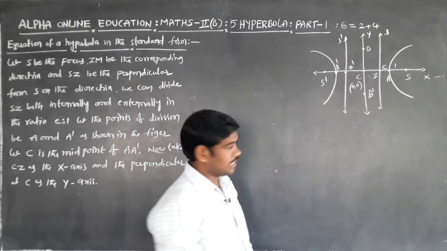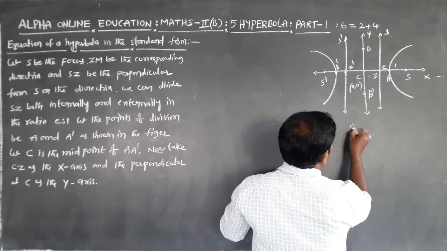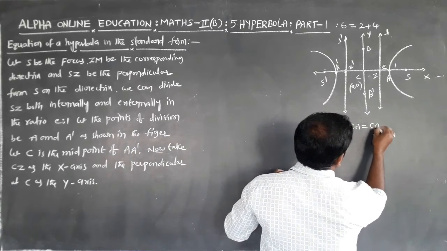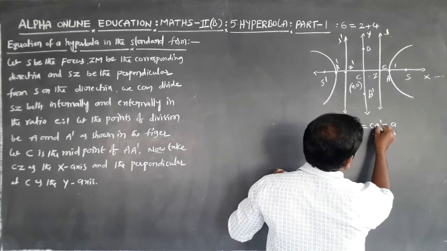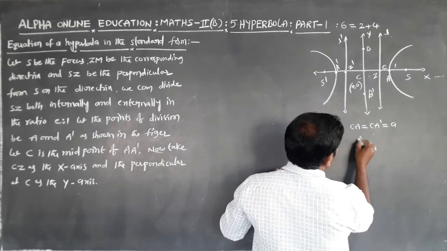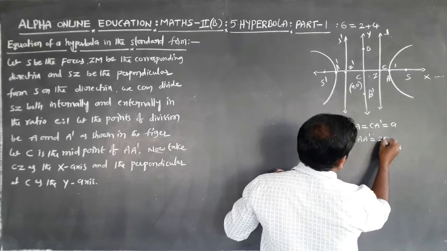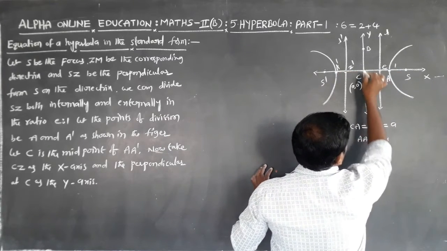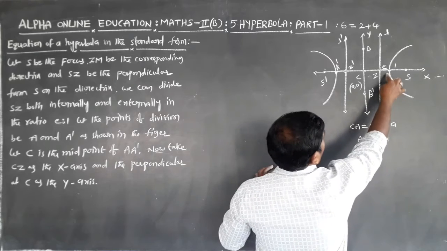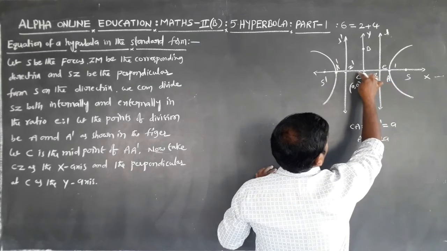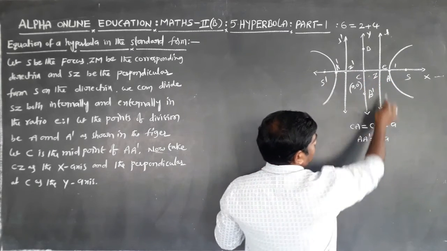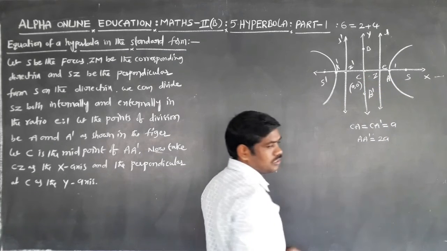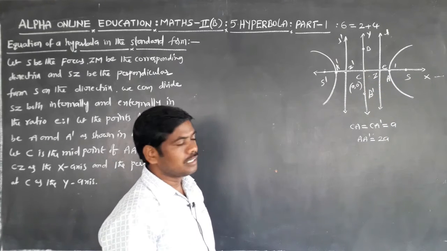Here we take CA equal to CA dash equal to small a. So AA dash is equal to CA plus CA dash, which is a plus a, 2a.